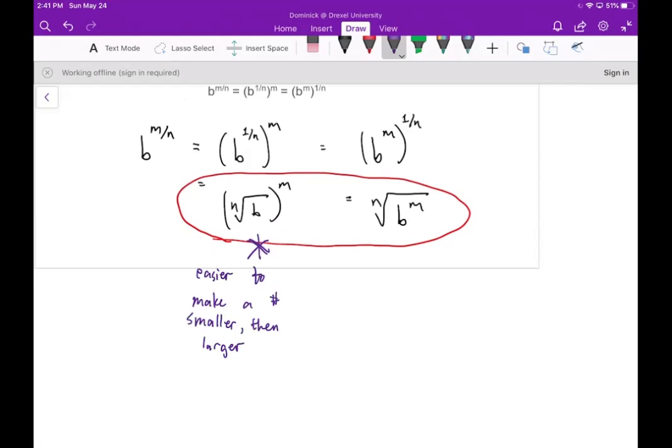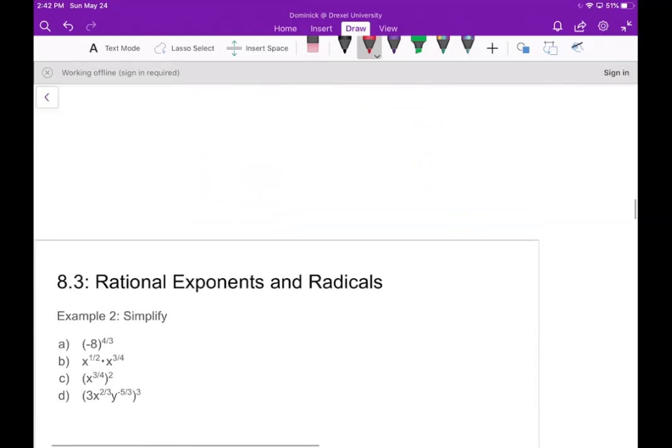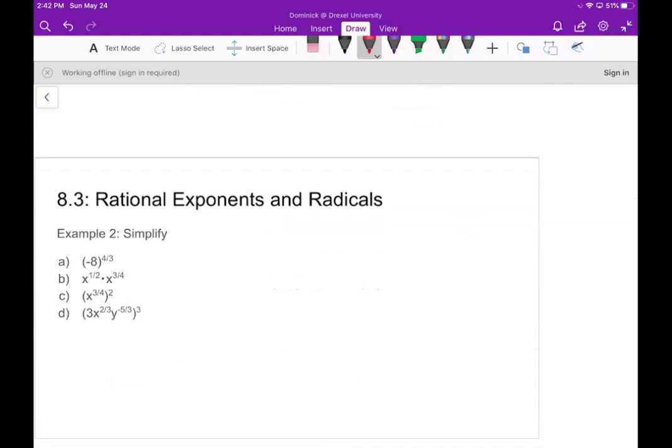If you apply your order of operations, you're taking an nth root first, which is going to make the number smaller, and then raising that number to the m power, which is making it bigger. If you do the other one, you're making the number bigger and then smaller, which is usually harder to do. Okay, but let's do a couple of examples of this.